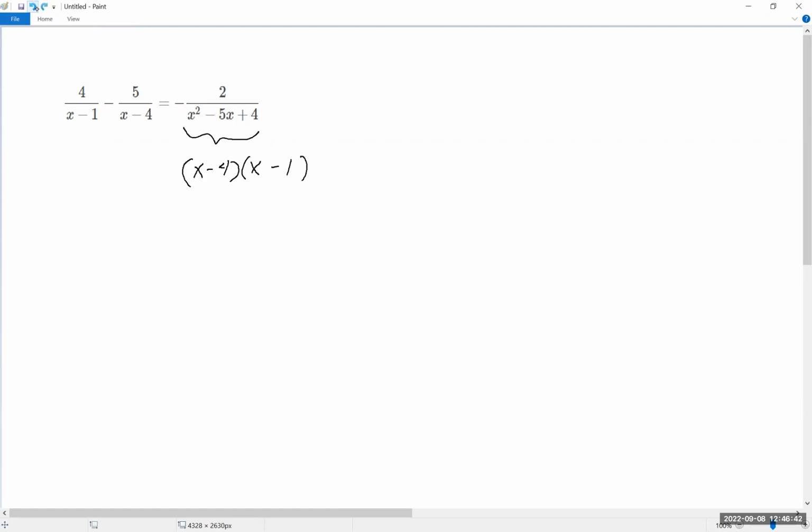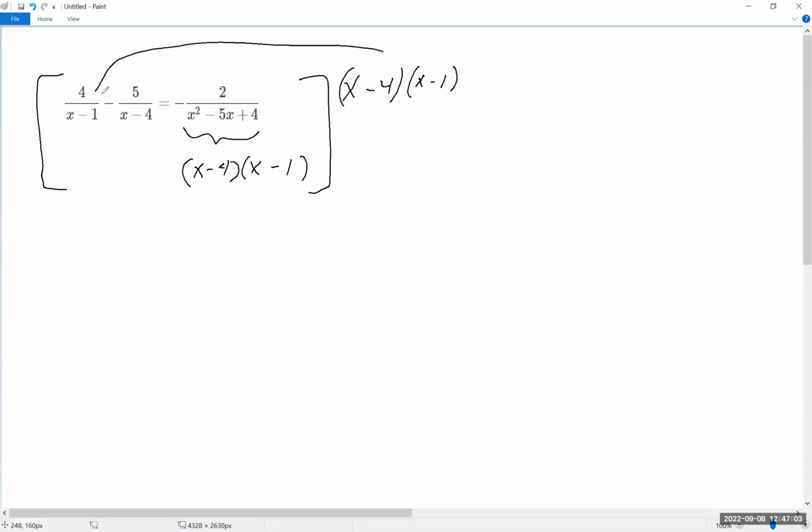Let me try it again. I'm going to just put a big bracket like that so I don't have to write it all over again. So x minus 4 and x minus 1. And that's going to go over here, that's going to go over here, and that's going to go over here.